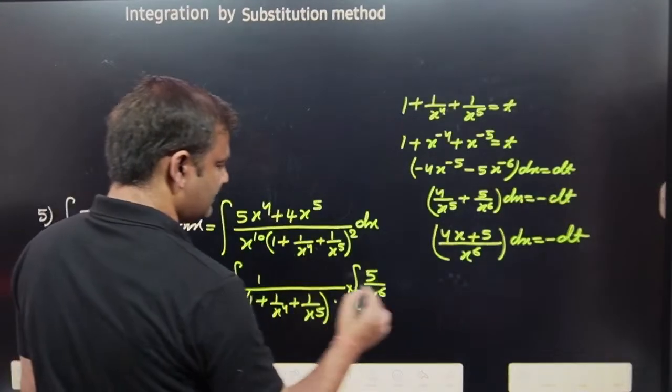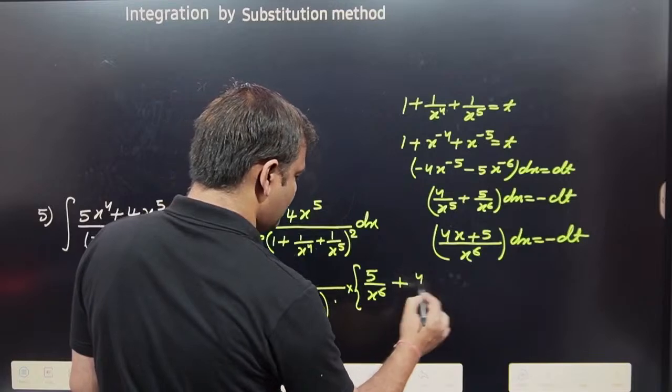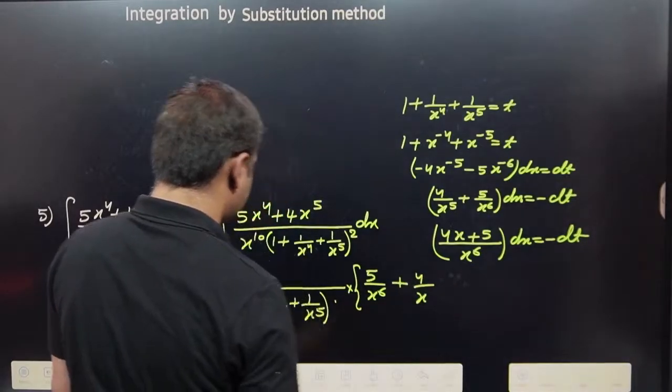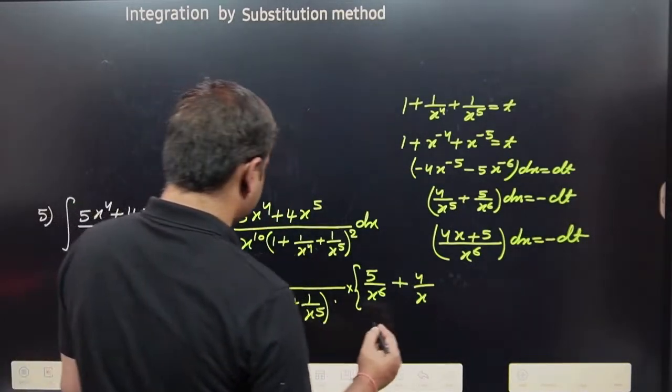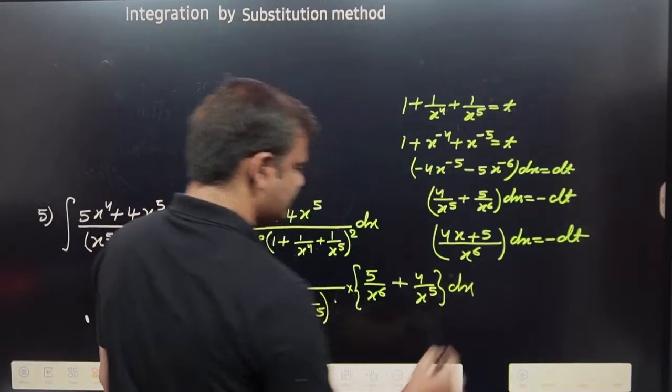And that one written plus 4 upon x to power 5 into dx.